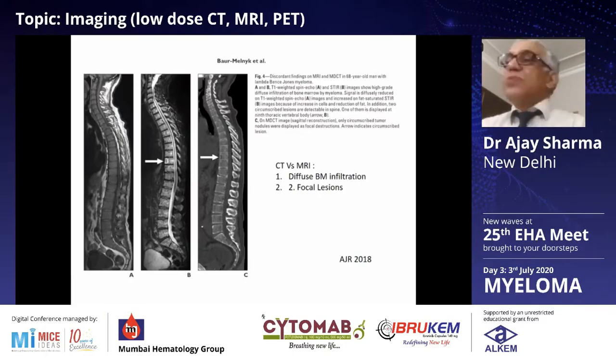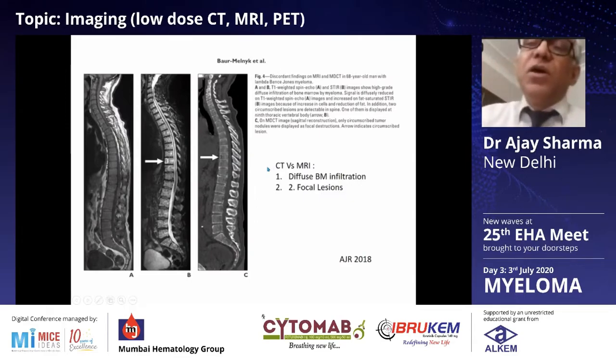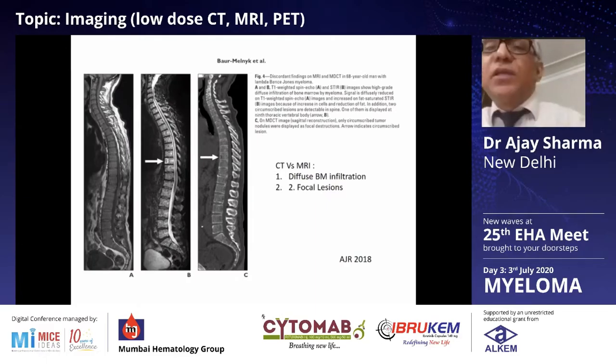Now, there can be a discordance between the CT scan and the MRI finding, as you can see here in panels A and B, which are of the MR imaging, and C is for CT. You can see the T1-weighted image which shows the high-grade diffuse infiltration of the marrow in the spine, shown as diffusely reduced signals in the A panel in the T1-weighted images, while they are much increased in the STIR images.